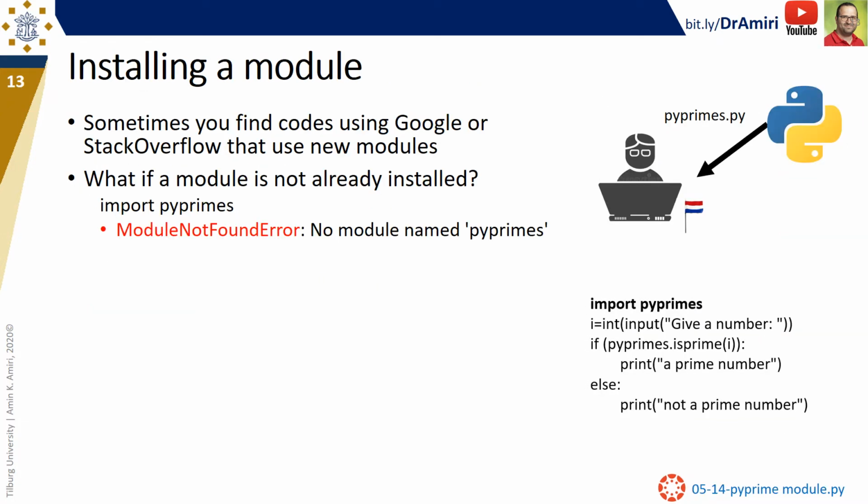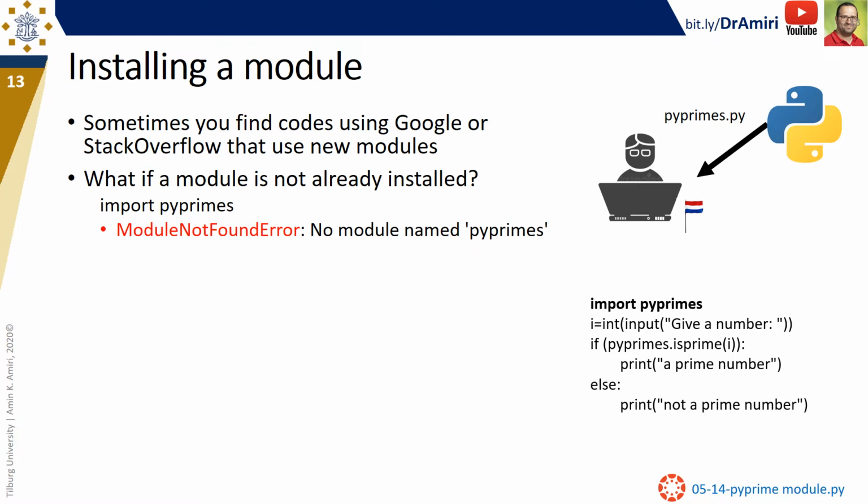Sometimes you find code using Google or Stack Overflow that imports new modules. For example, you see here that there is a module called PyPrimes, and I imported that PyPrimes. It gets a number and it uses the function is prime in PyPrimes to figure out if a number is prime or not.